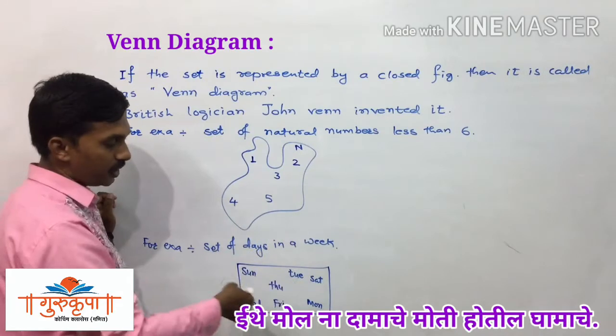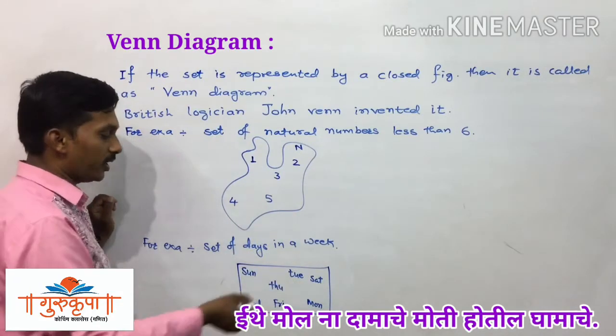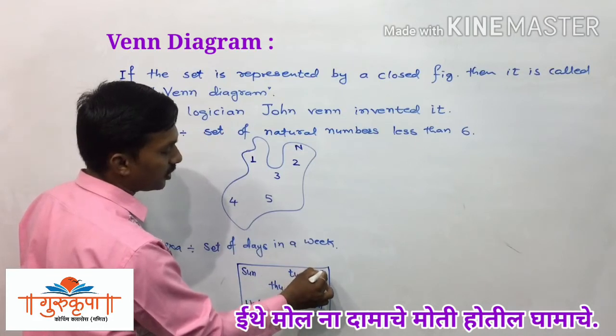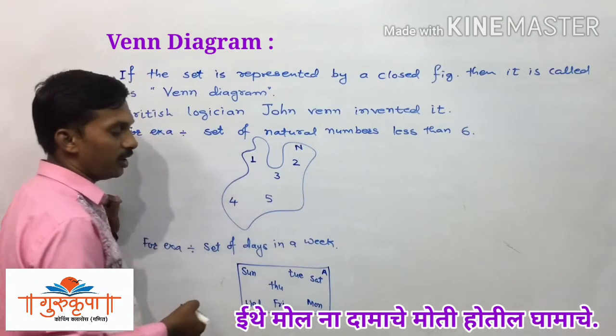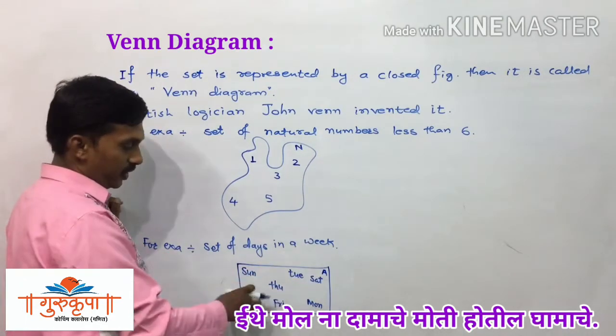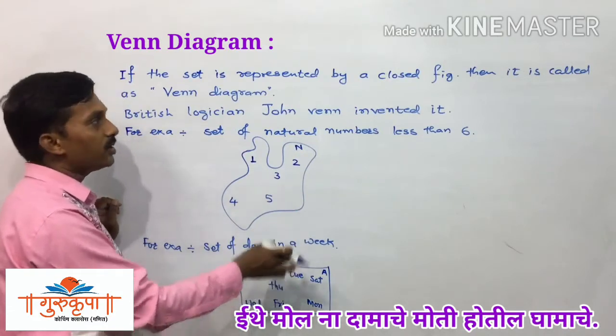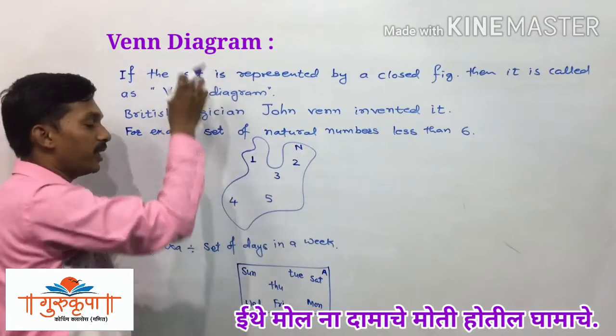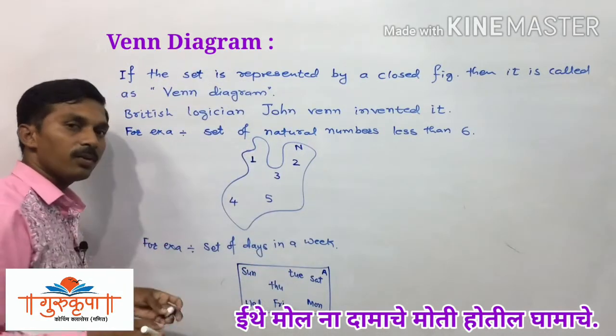We write them inside the rectangular shape, and now you have to write the name of the set here, A. The name of the set is A, and we represent the set using a Venn diagram.